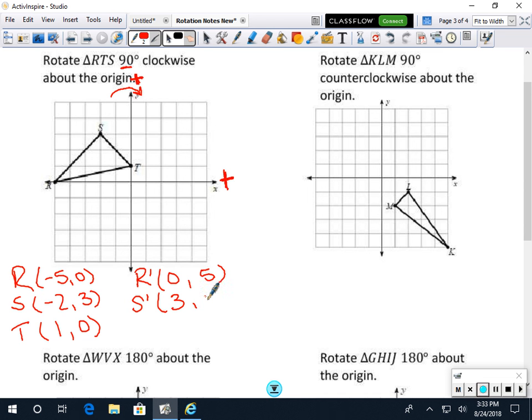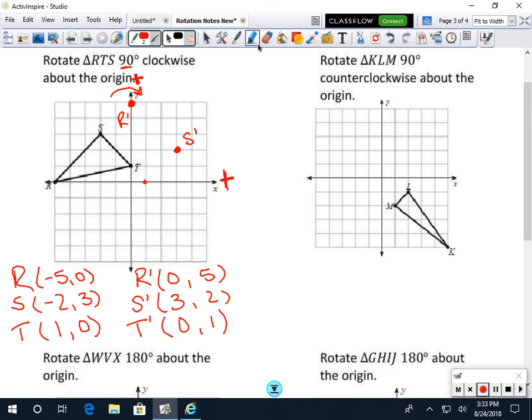So 3, 2, and again, both are positive. And T prime. So 1, 0 would be 0, 1. And I can plot my new points. So 0, 5 is here. And this is R prime. 3, 2 is S prime.